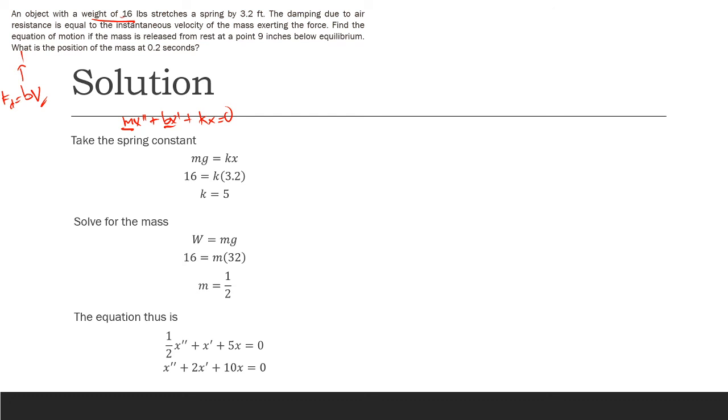This is your equation. We can now find the general solution. Okay, so general solution na agad tayo. Huwag na tayo mag-auxiliary equation. So we have x of t is equal to e raised to negative alpha t times c1 cosine beta t plus c2 sine beta t.